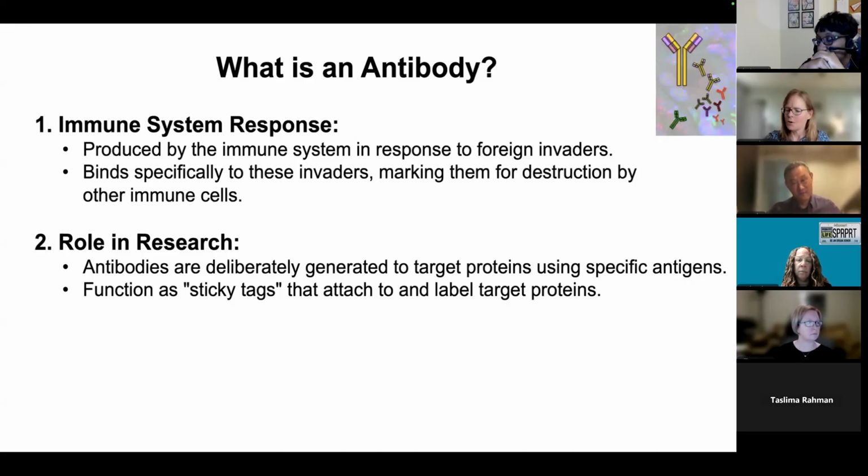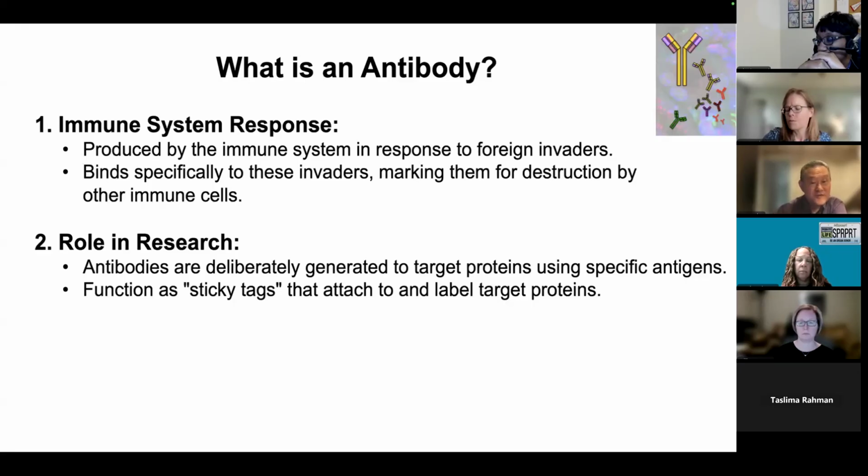This protein we introduce to the animal to trigger antibody production is not an invader. This is not a virus. But the animal thinks this is something foreign, so they make antibody against it. The protein we inject to trigger the response, we call it antigen. So we use the antigen to deliberately produce the antibody in the animal.